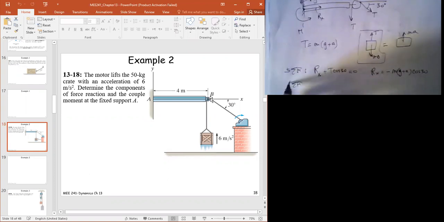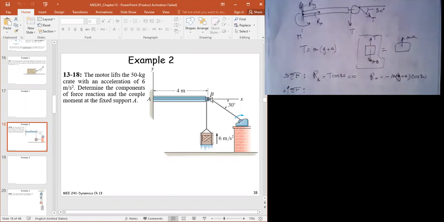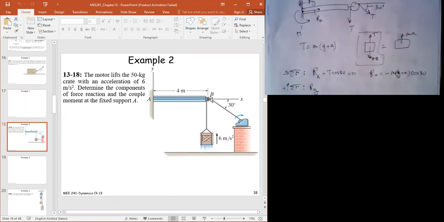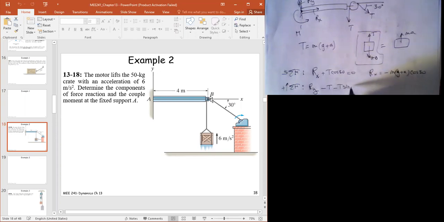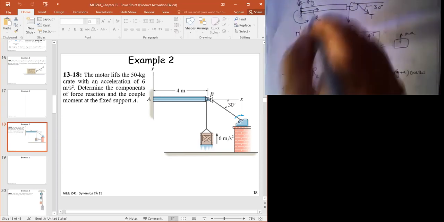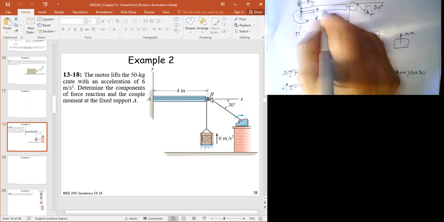Okay, summing the external forces on the beam in the y direction, what do you get? Ry minus T minus T sine 30 is equal to 0. Okay, is that true or no? Well, we still need to know the weight of the beam. Here they didn't give us the weight of the beam.